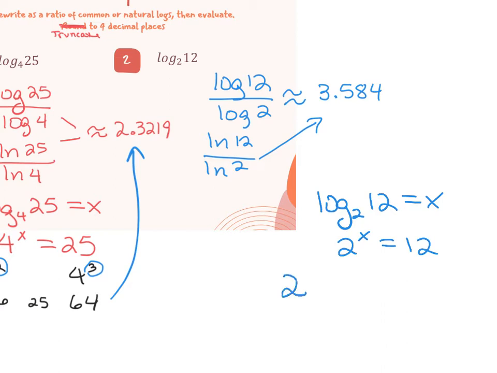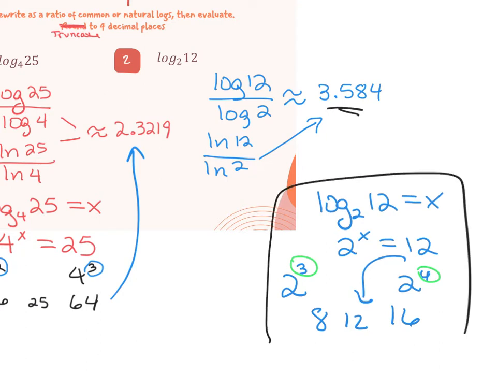And again, 2 to the third power is 8, and 2 to the fourth power is 16. 12 falls in between here, so my answer should be between 3 and 4. And I actually got 3.5. So my answer makes sense. This little explanation of checking to see if your answer is correct is just a little check for you. You don't have to do that part of it. This is strictly calculator.